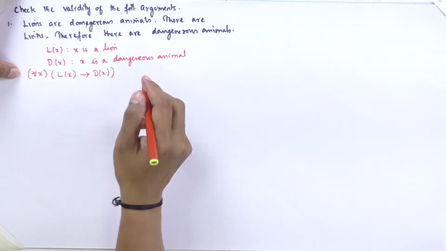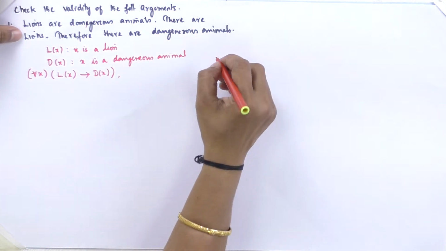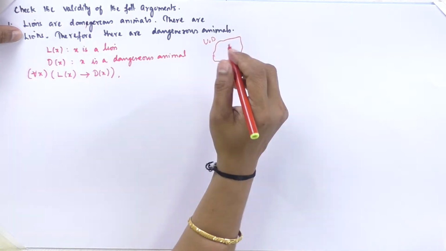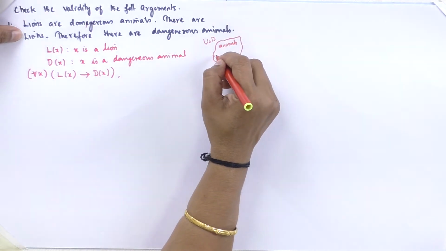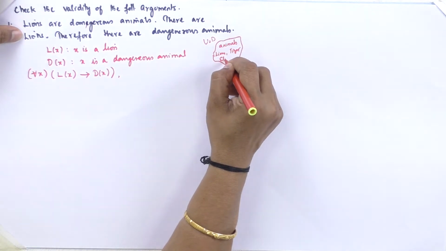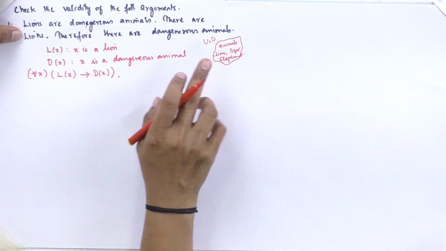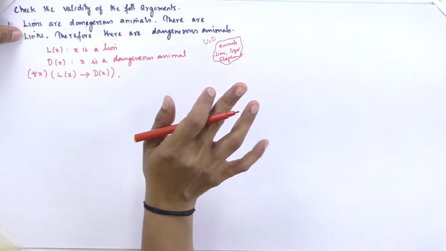Then, there are lions, which means you can take the universe of discourse to be animals, right? Not necessarily only lions. We may have lion, tiger, elephant. So, we have the universe of discourse, and in this problem we talk only about the lions.